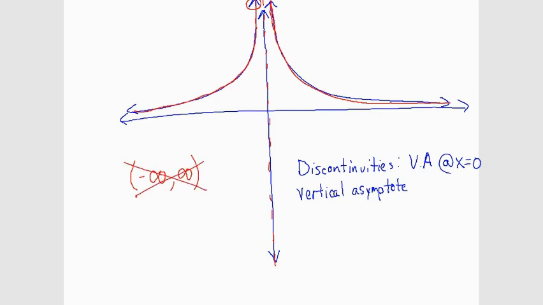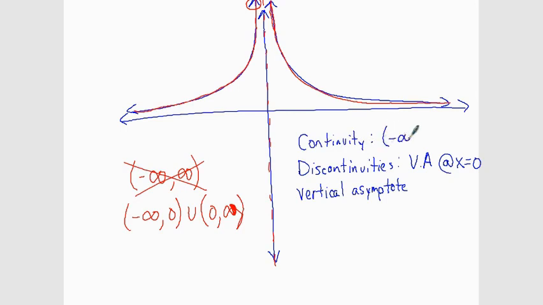Well, where was the discontinuity? It was at 0, so we'll approach this the same way. Continuity is from negative infinity to 0, union 0 to infinity.